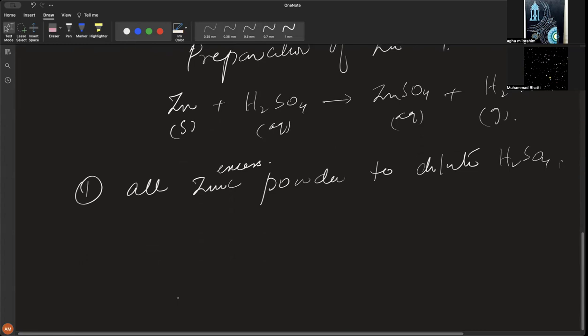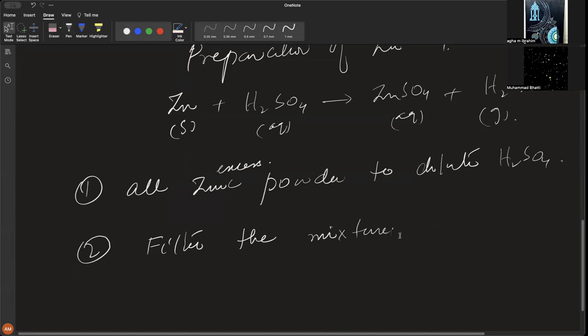Once that has been done, after some time, we're going to filter the mixture. Filter the mixture is the more appropriate wording. Can you tell why?